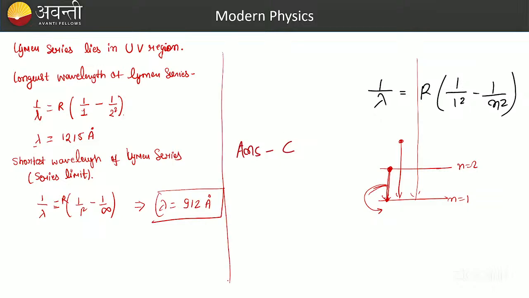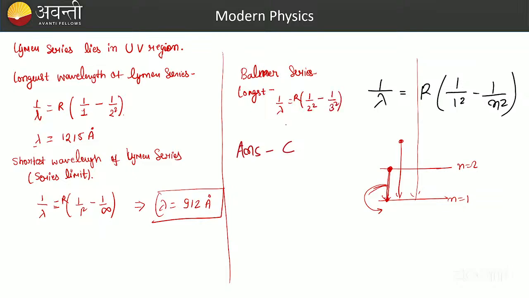Now, for the Balmer series, the same procedure you have to follow. For the longest wavelength, 1 upon lambda is equal to R into 1 upon 2 square minus 1 upon 3 square.